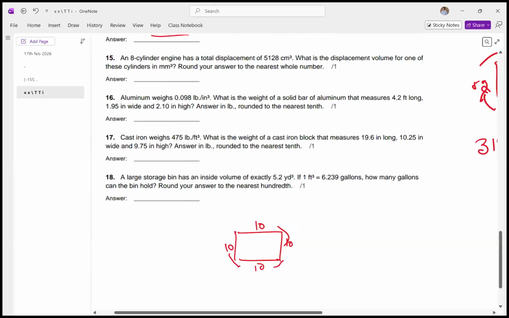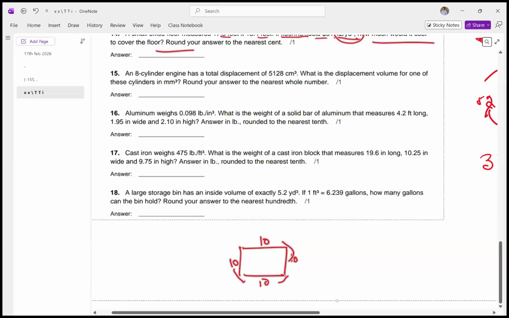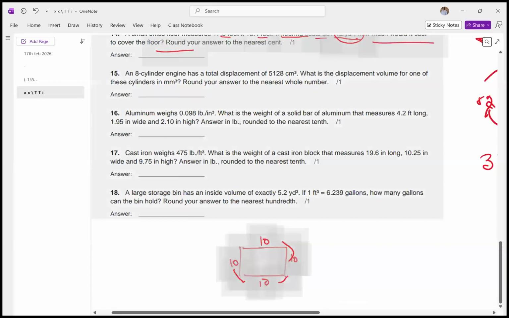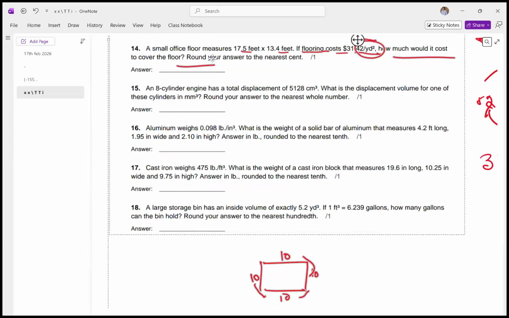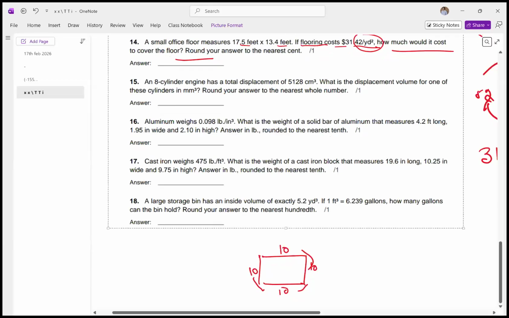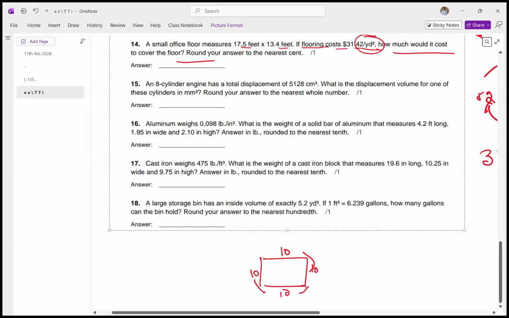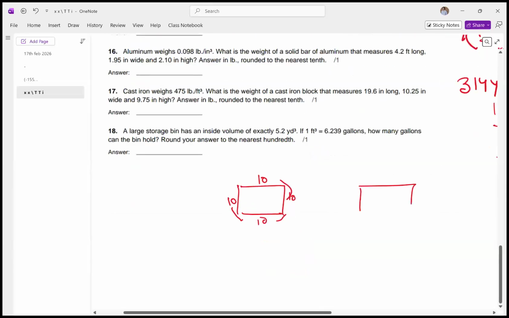So let's do this question in two ways. In question number 14, a small office floor measures 17.5 by 13.4 feet. This is what's given to me, 17.5 and 13.4. So find the area. First of all, I'll find the area in terms of feet.